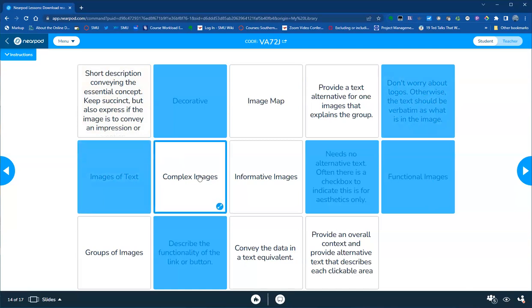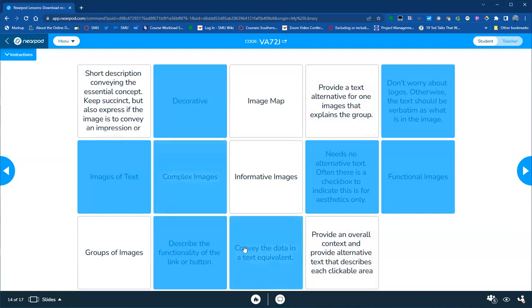What about the complex images, the charts, the graphs? Just like we saw with the Gartner hype cycle. Almost. According to one of the resources we have coming up for you, it is this one.